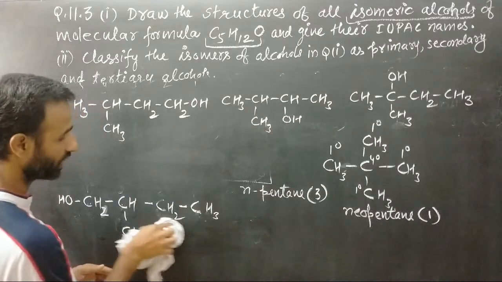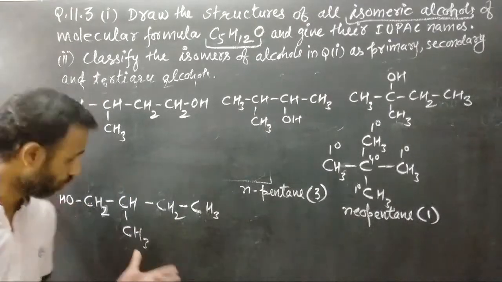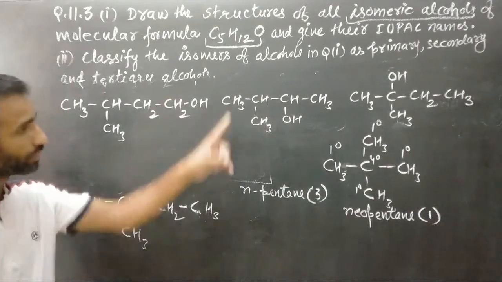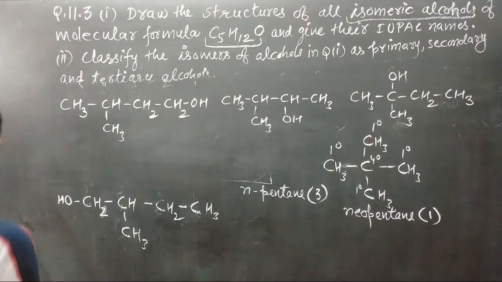So these are the four isomers obtained from isopentane. Okay, just name them.